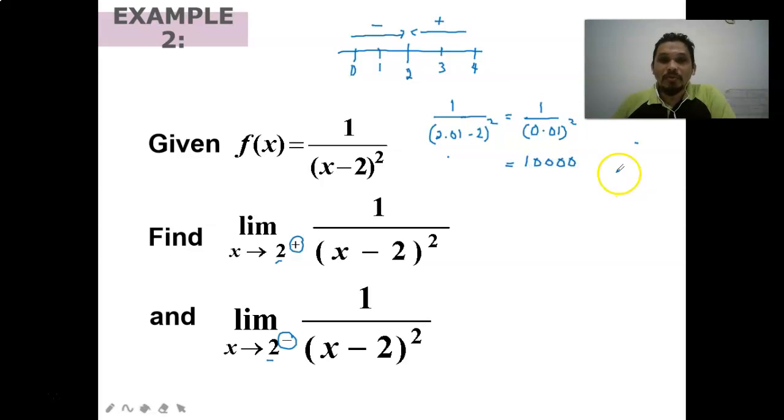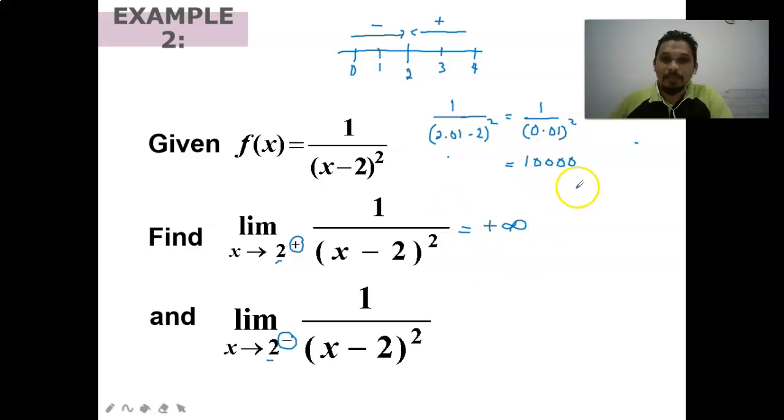So what is our conclusion? At 2.5, 1 divided by 0.5 squared equals 4, and now when it's getting closer to 2, 2.01 minus 2 is 0.01, and 1 divided by 0.01 squared equals 10,000. So this equals positive infinity.